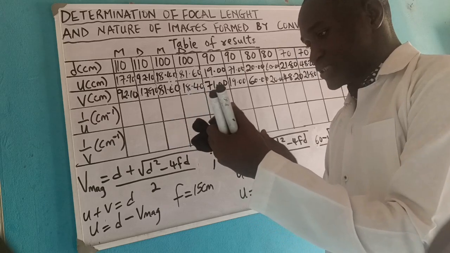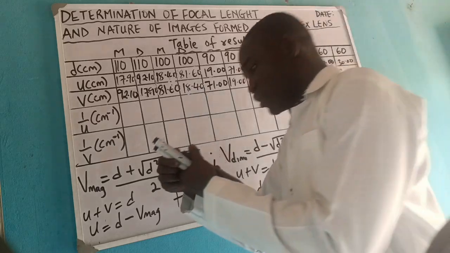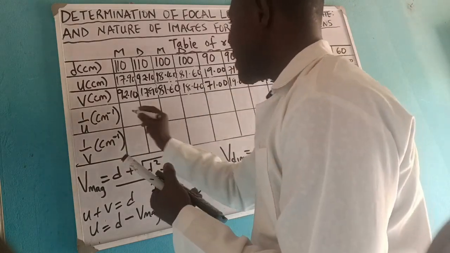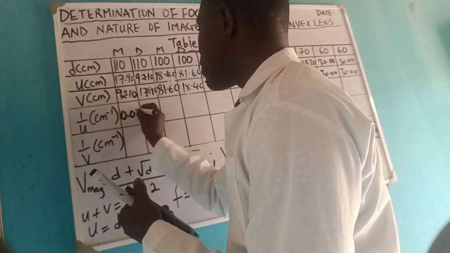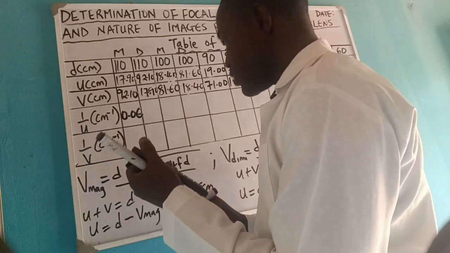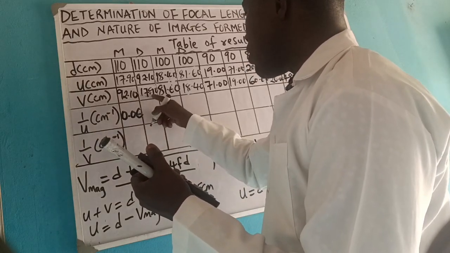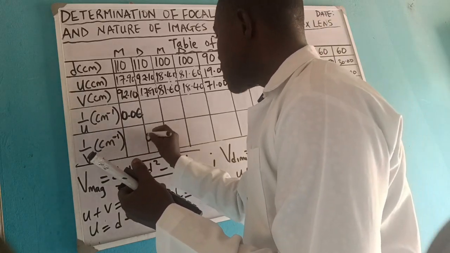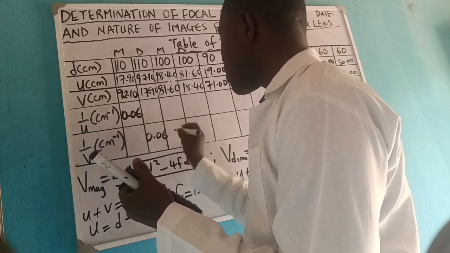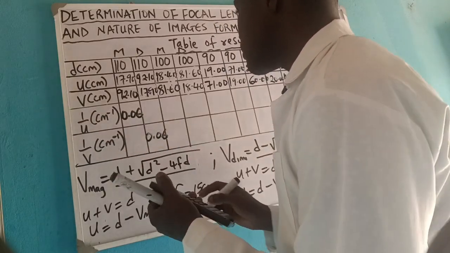17.9 inverse is 0.06. Let's write 0.06, approximately. For the one of this, it will be 0.06 because we have it at the down here.